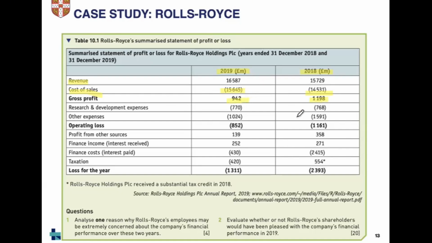What do you think accounts for a reduction in the gross profit, even though they earned more revenue in 2019, they are getting a smaller profit compared to the profits they earned in 2018? What do you think accounts for this?